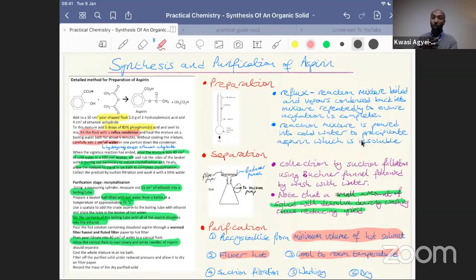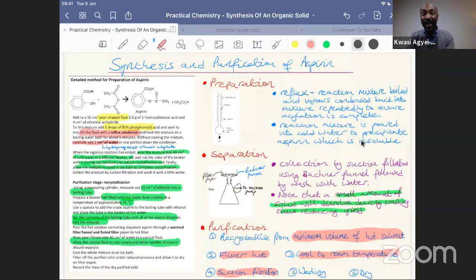And then once you've got your crystals formed, so it's cooled down to room temperature, you've got lots of crystals. What you then want to do is to filter your mixture to get your solid product. Okay, so again, suction filtration, so using a Buchner funnel.